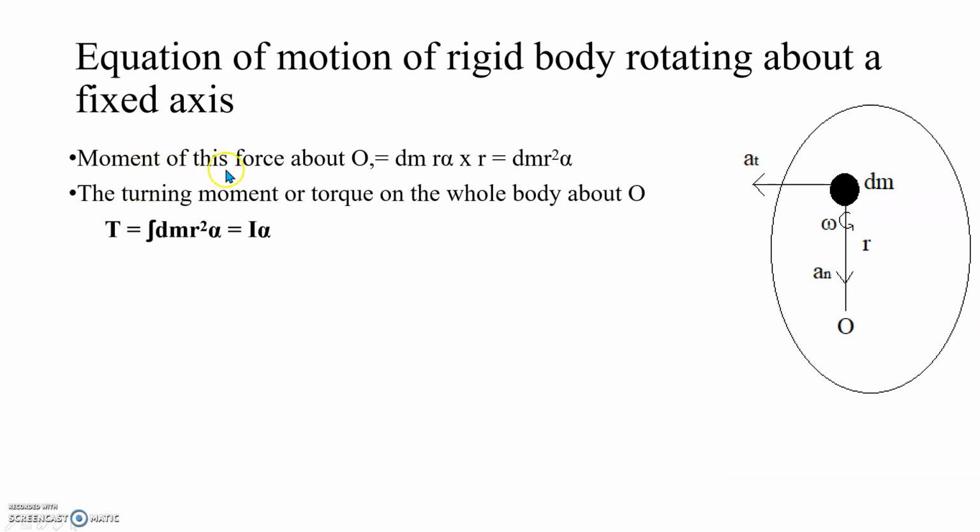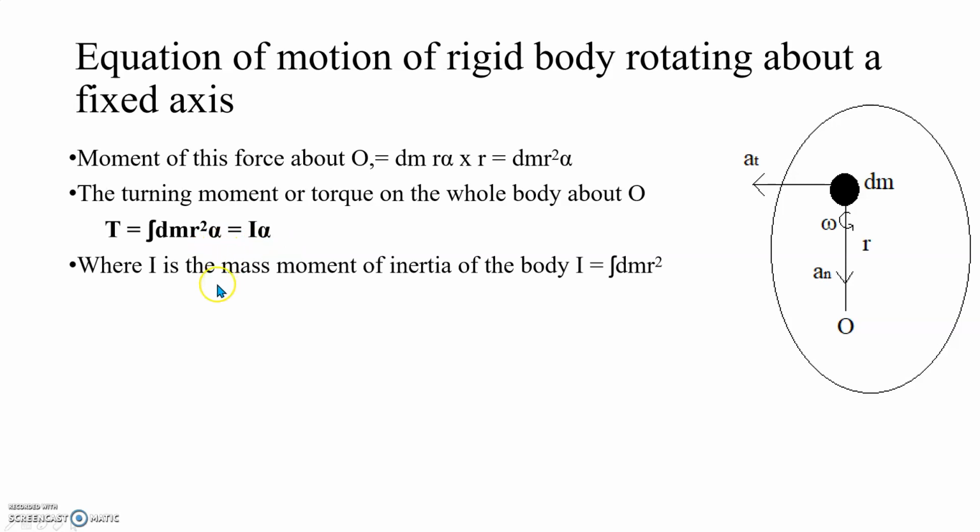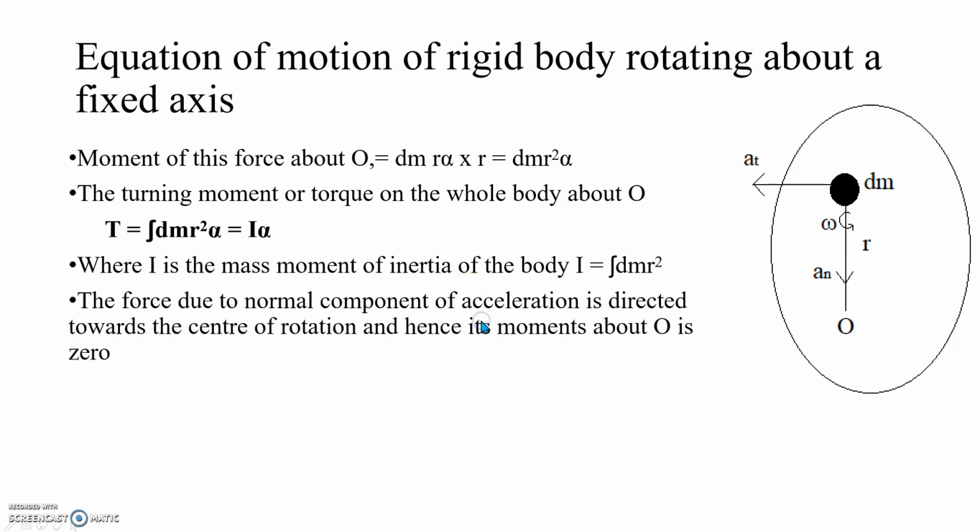Now we are taking the moment of this tangential force about O, that is tangential force into perpendicular distance r, and we get dm into r square into alpha. The turning moment or torque of the whole body, T, equals the integral of dm r square alpha, which is equal to I into alpha, where I is the mass moment of inertia.